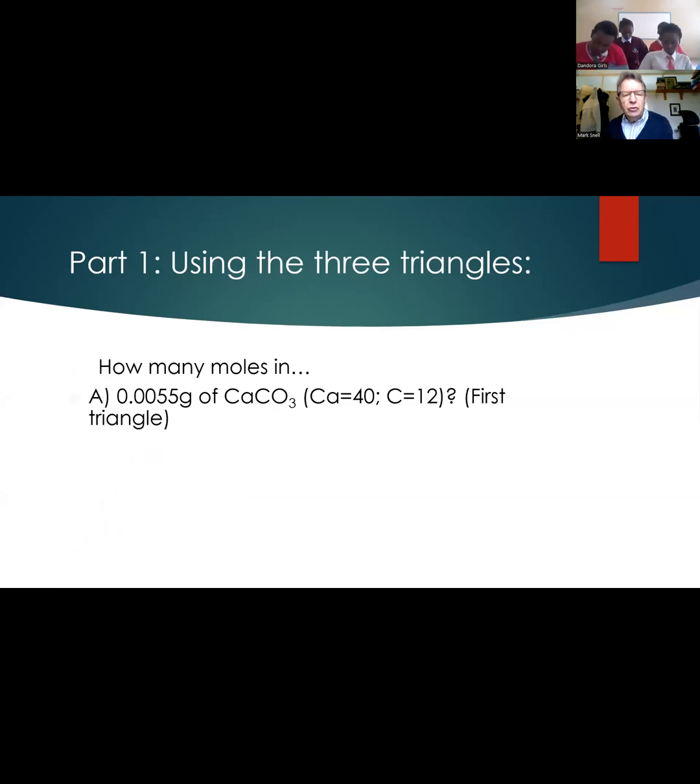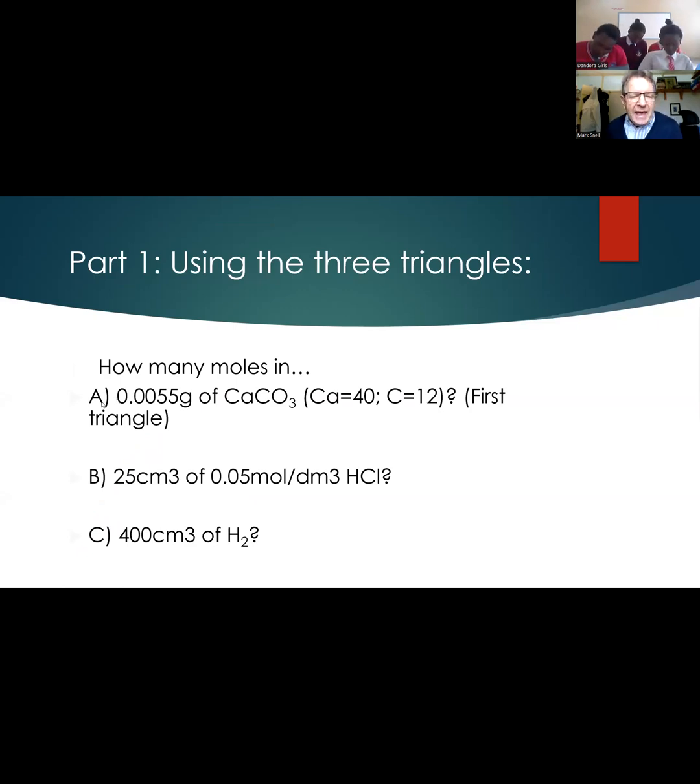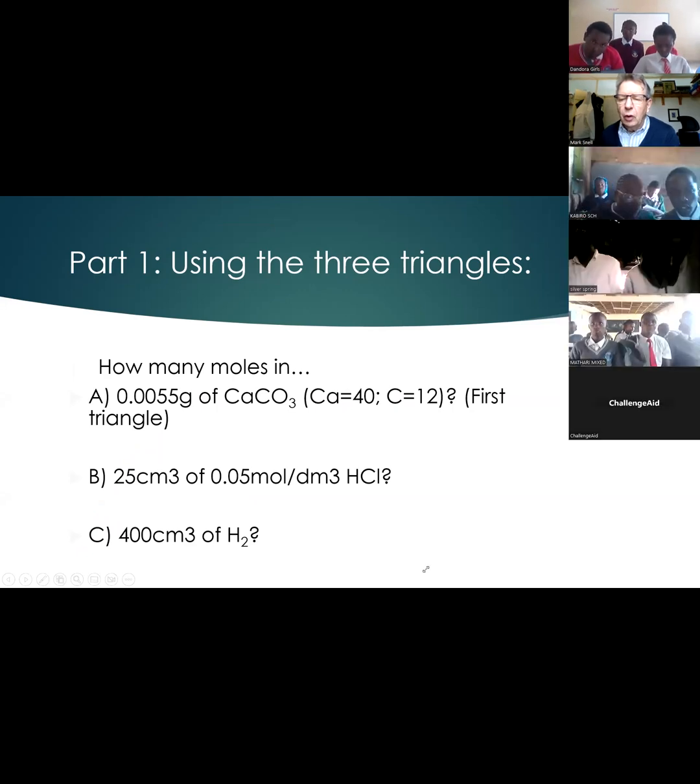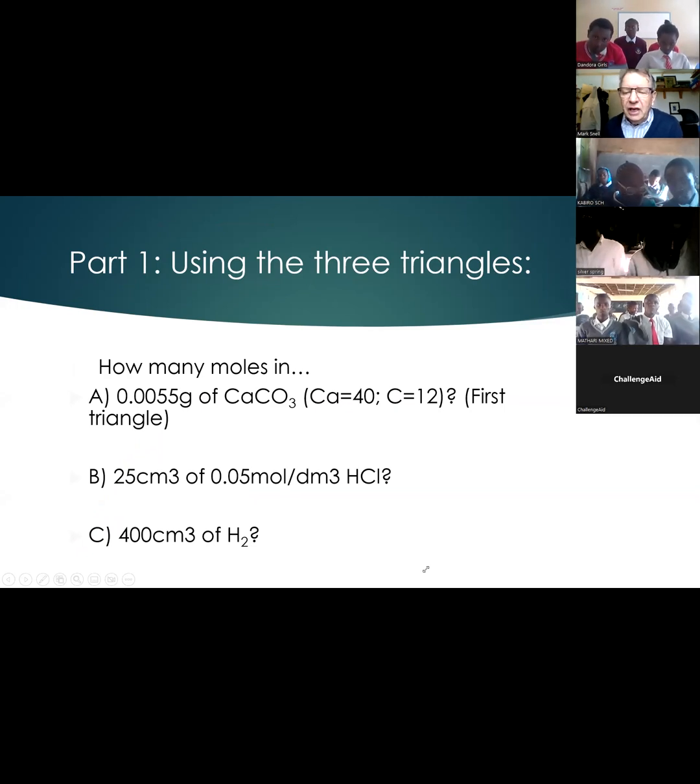So I'm going to give you three questions that you can have a go at. A uses the first triangle, B uses the second triangle, the solutions one, and C uses the third triangle. So just see if you can use those three triangles. If you've forgotten the triangles, or if you want me to show you them again, I could, but it would be really good if you have a calculator just to get used to using these.